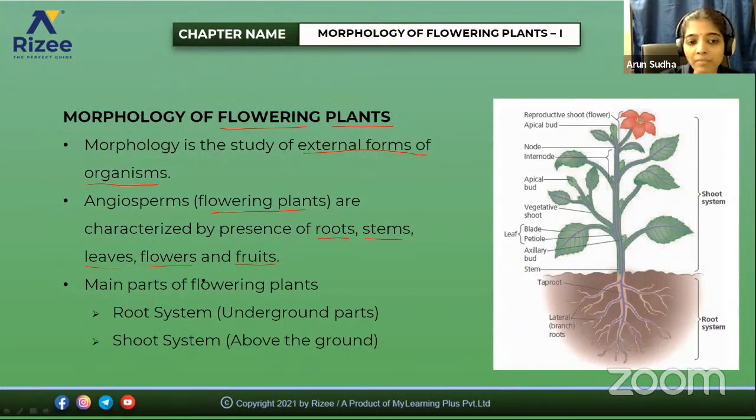The main parts of the flowering plants are the root system, which is the underground part, that is the part under the soil, and the shoot system above the ground. So first, today we'll see in detail about the different types of roots that are present under the soil.